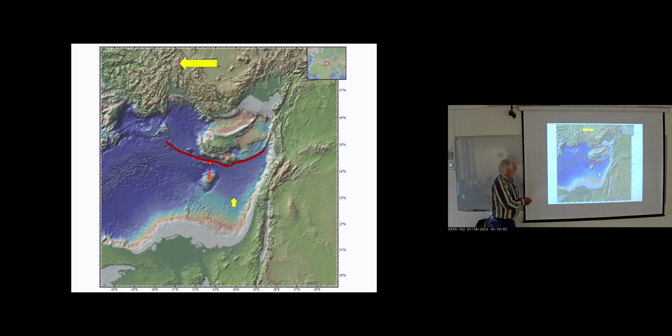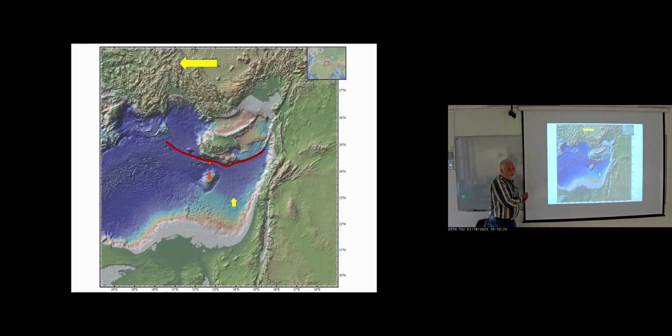One point I want to add is the motion of northeast Africa northward, in this part of our plate, is about 1 millimeter a year. Here it's 5 millimeters a year. Here it's 25 in Anatolia.